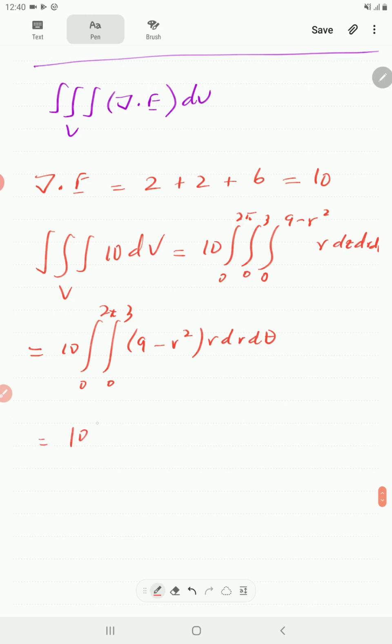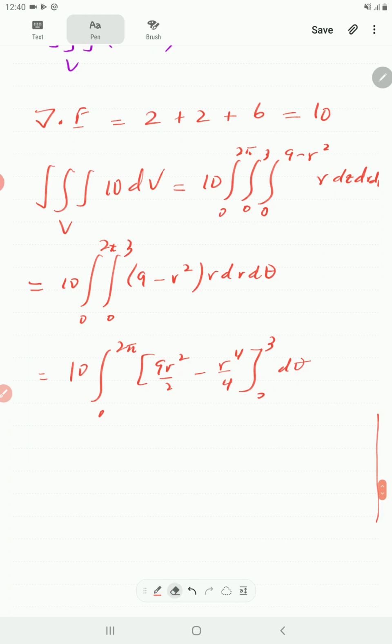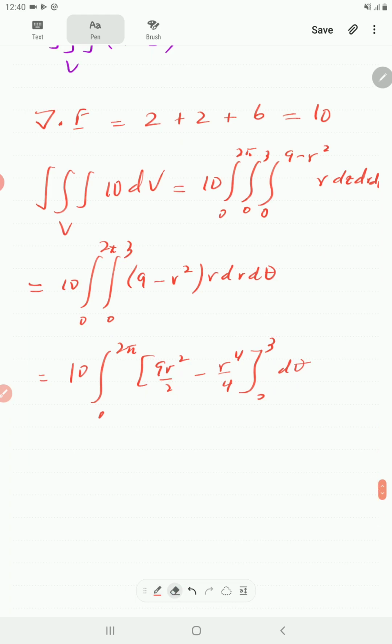So it's going to be the integral of 9r, which is 9r squared over 2, minus the integral of r cubed, which is r to the fourth over 4, from 0 to 3 d theta, and then the theta integral, which is going to give us 2 pi.